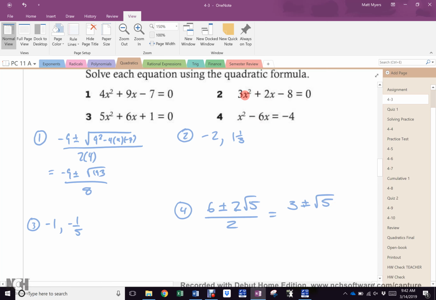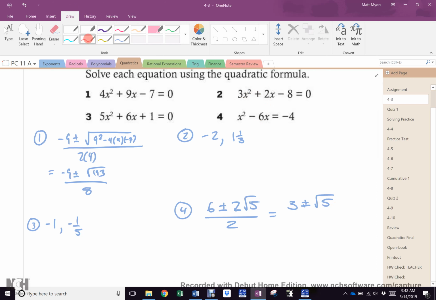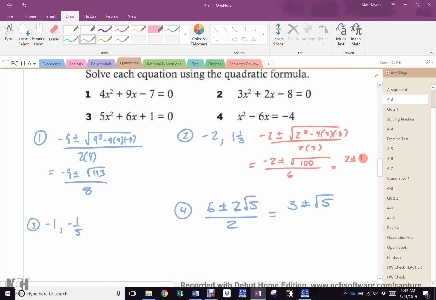Number 2, we'll change colors, is -2 plus or minus the square root of 2 squared minus 4 times 3 times -8 over 2 times 3, which is -2 plus or minus the square root of 12 times 8 is positive 96. 4 plus 96 is 100 over 6, which is -2 plus or minus 10 over 6. -2 minus 10 is -12 over 6, which is -2.